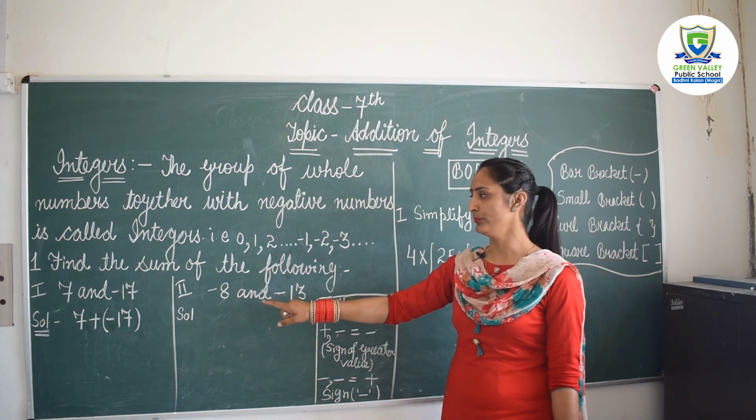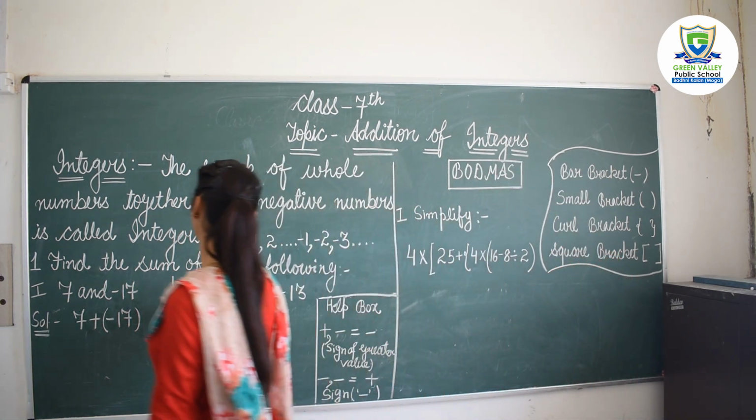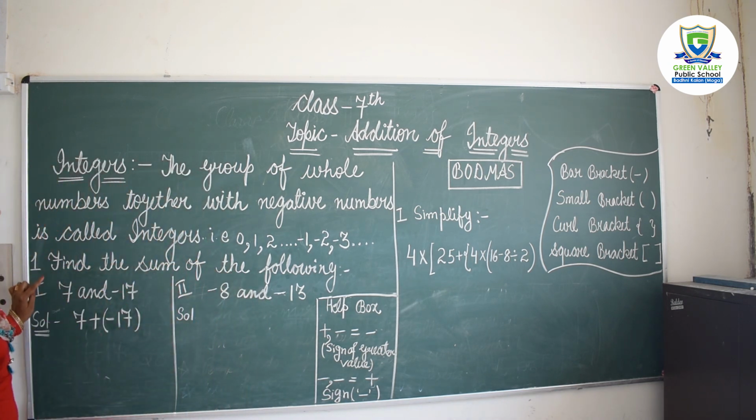Now check your sum. The first sum is: find the sum of the following, and the statement is 7 and -17. First of all, we will replace this 'and' with a plus sign. So it becomes 7 plus -17. Now if there are two signs, then we have to merge these signs. So plus minus is minus.